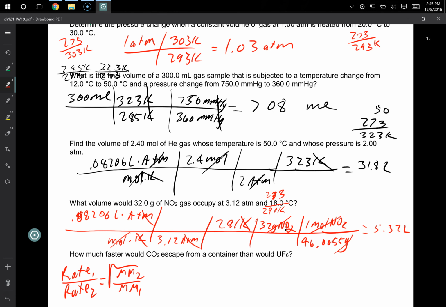So I've got 12.01 plus 15.9994 times 2. So in my denominator here, I'm going to have 44.0098.